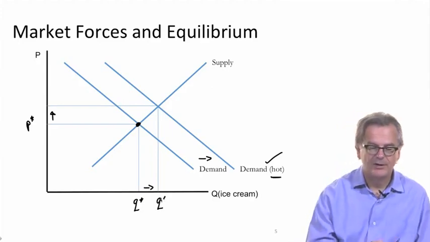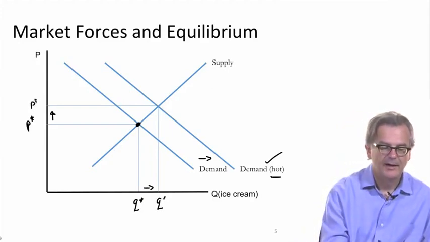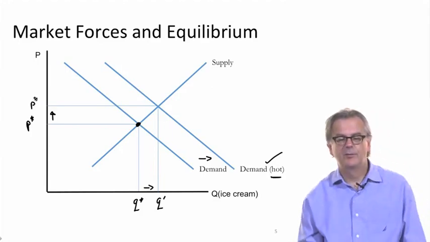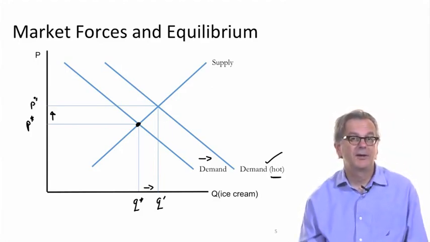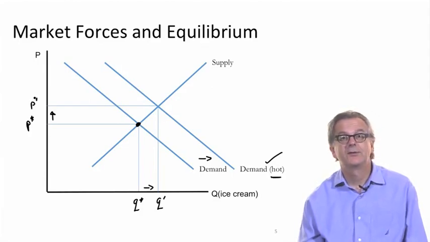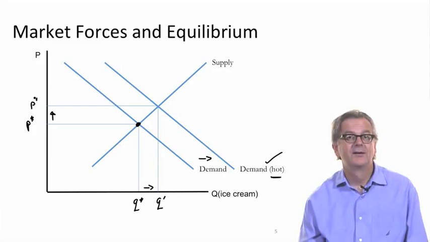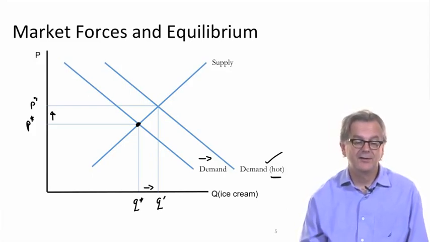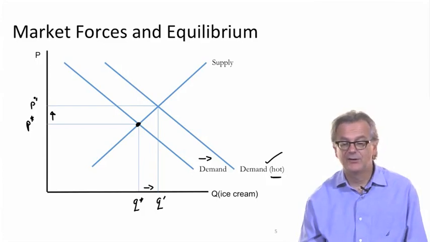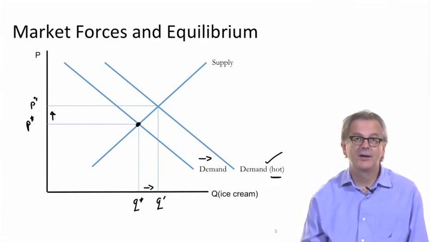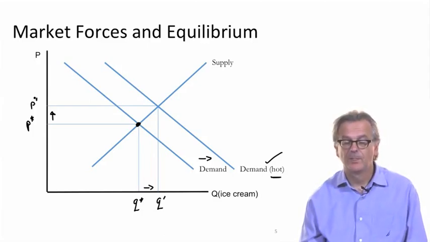Let me just call that new one Q prime, and a new higher price P prime. This is very standard microeconomic analysis. It simply tells us that should some factor other than price lead to a shift in the demand curve, that's going to be reflected in a change in price and a change in quantity. In this case, on a hot day, we would expect a higher price for ice cream and more ice cream to be supplied.